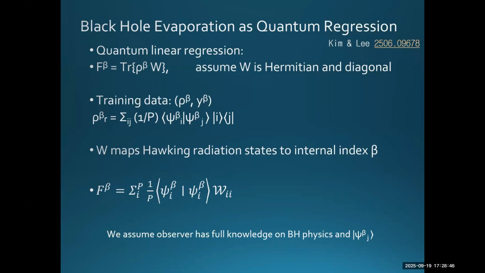Yes, the density matrix. So in classical linear regression, you want to find the function, something like this, and in our case, in quantum machine learning, I want to find a mapping like this one, a linear function.